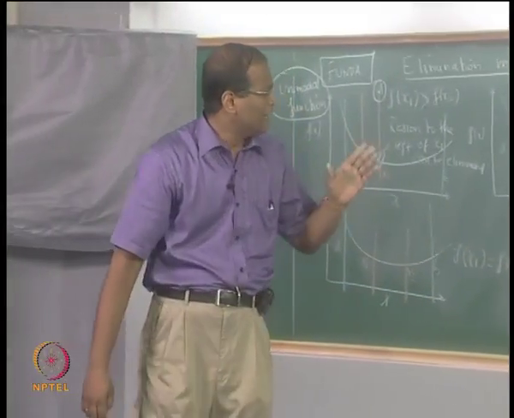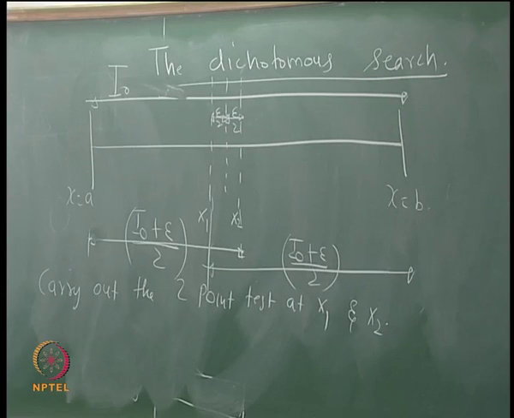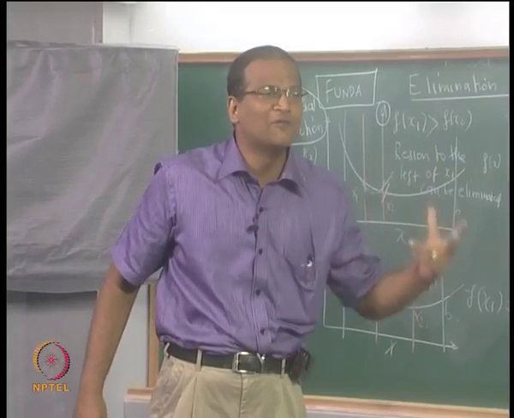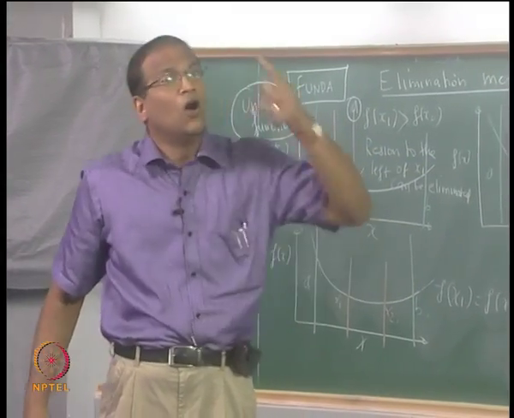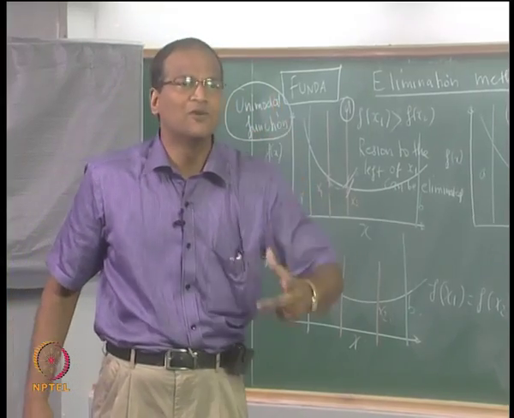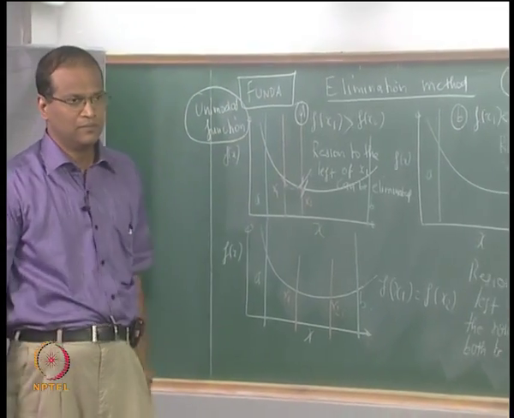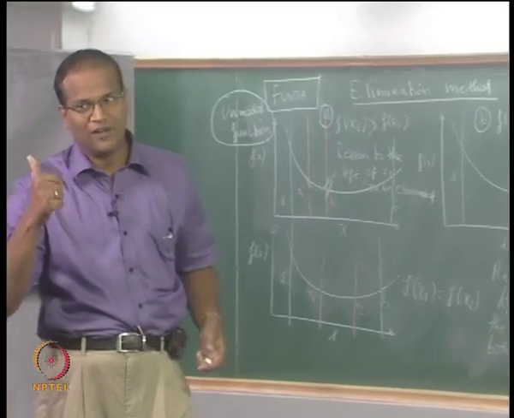Either the interval to the left of x1 or the interval to the right of x2, which are both equal to I naught minus epsilon by 2, is eliminated. If epsilon is sufficiently small, that is epsilon is much smaller compared to I naught, we ditch the epsilon. Therefore, every 2 evaluations will reduce the interval by half, or every function evaluation will reduce the interval by 25%.